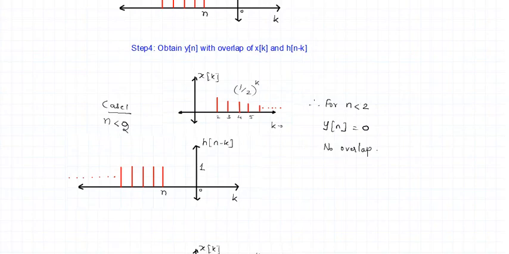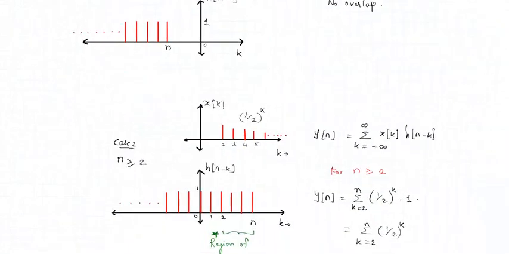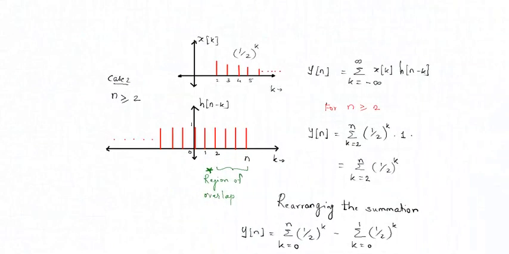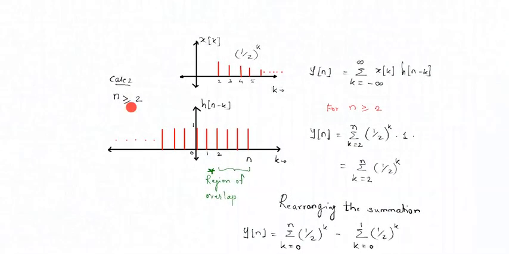Let us formulate the next case. The next case is formulated by shifting this signal. So we are going to shift this signal and cover the next area of x of k. Case number 2 is shown here. Case number 2 is obtained by shifting the h of n minus k signal. Here the case which is formulated is for the region n greater than or equal to 2.